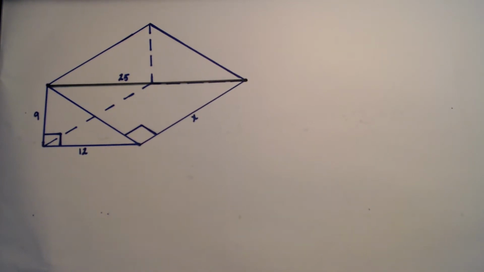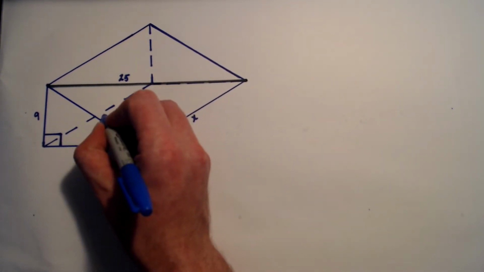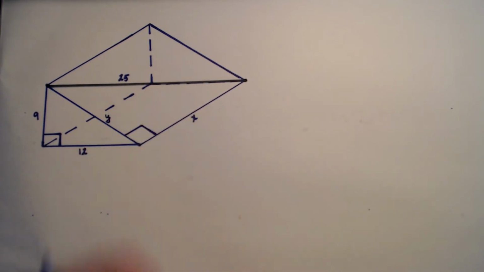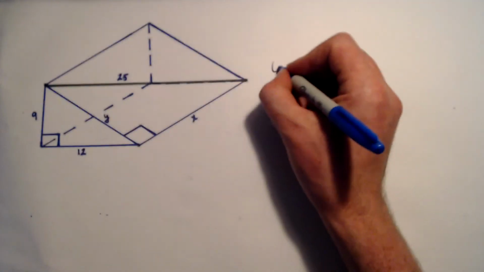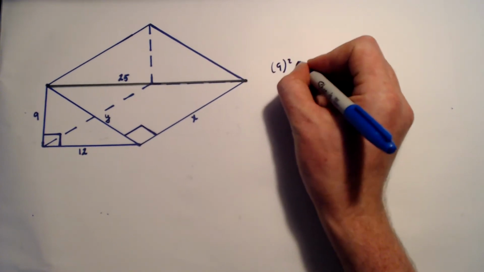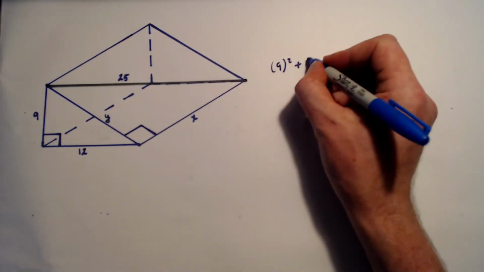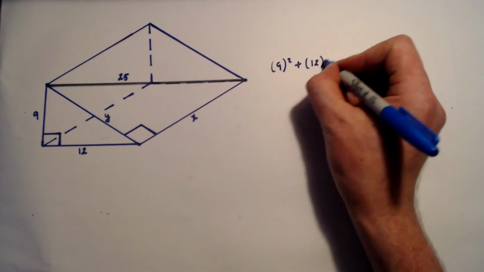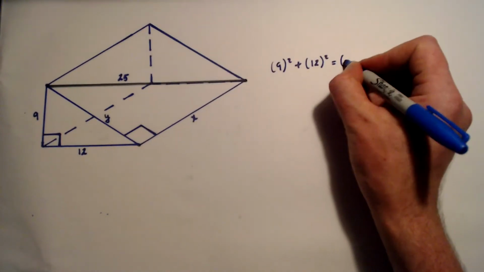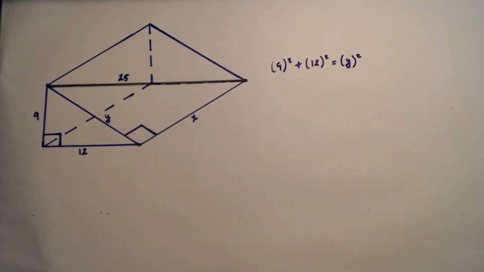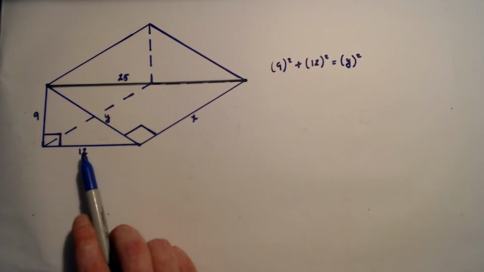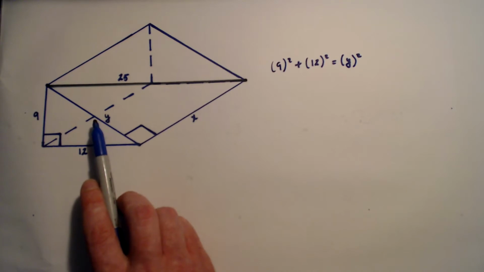Okay, so let's give this side length a name, let's call it y. And let's write down the Pythagorean theorem. The theorem says this triangle that 9 squared plus 12 squared is equal to y squared.